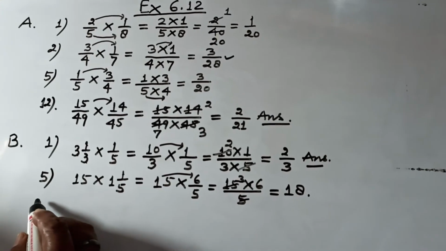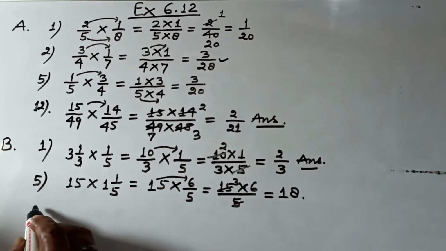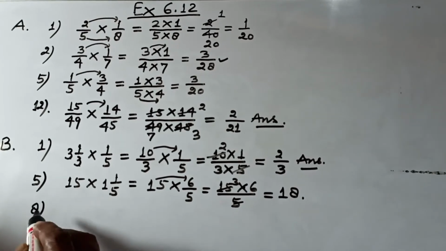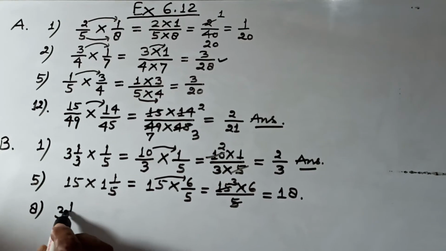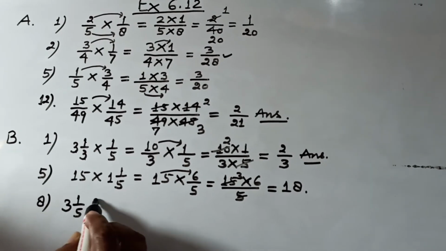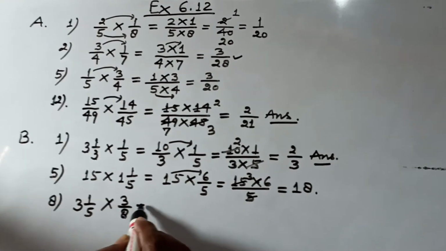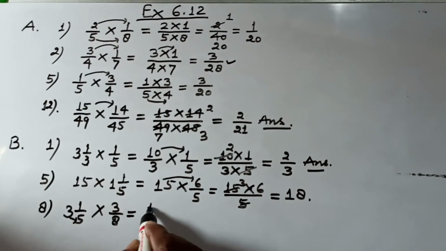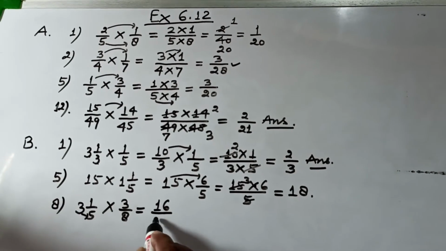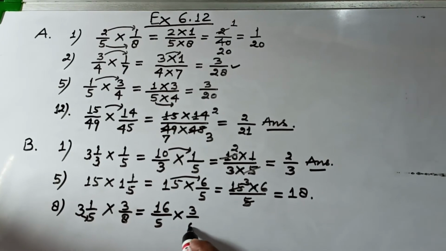Now other parts you try. I am telling you 8th part. 3 whole 1 upon 5 multiplied by 3 upon 8. So 5 3s are 15 plus 1, 16 by 5 into 3 upon 8.